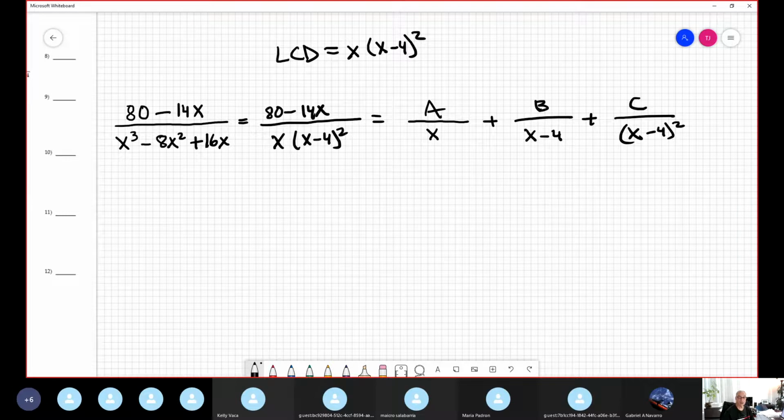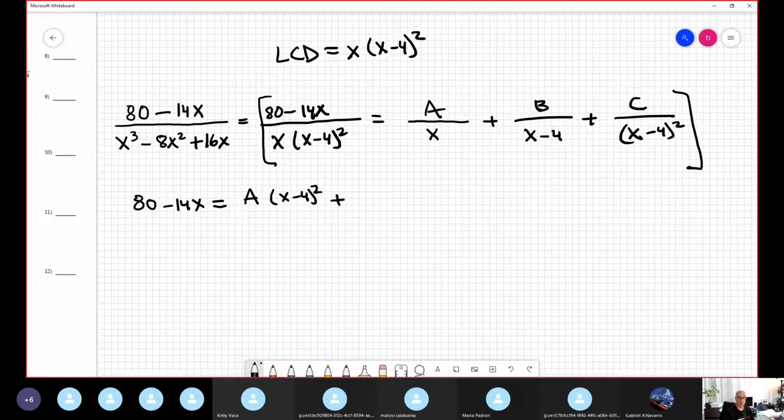When you multiply the LCD by this, you have 80 minus 14x is equal to A times x minus 4 squared, plus B times x minus 4, plus C times x.